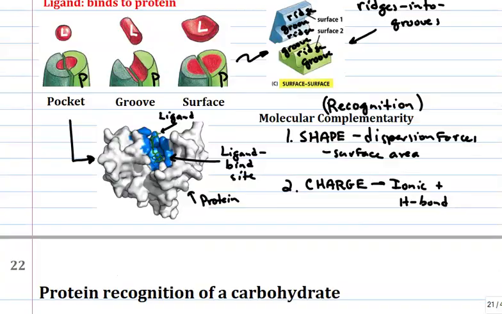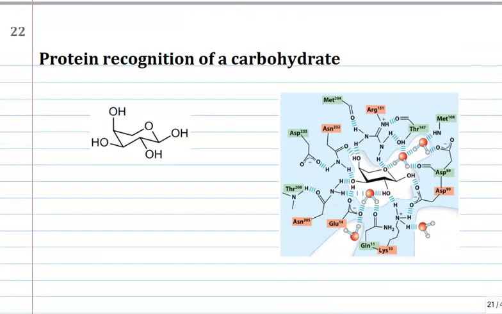Let me give you a little bit of an example. Let's say we have a carbohydrate. This is your old friend glucose. It's polyhydroxylated. Glucose is a ligand for many different types of proteins.